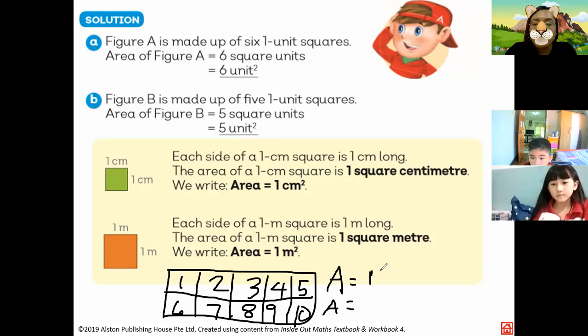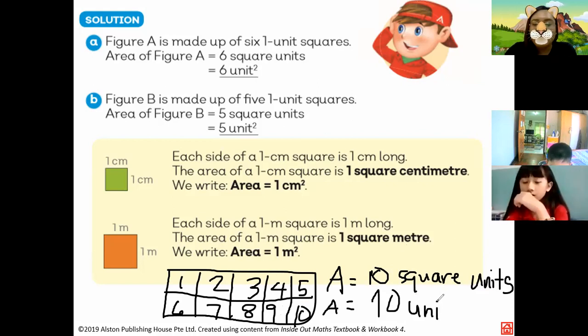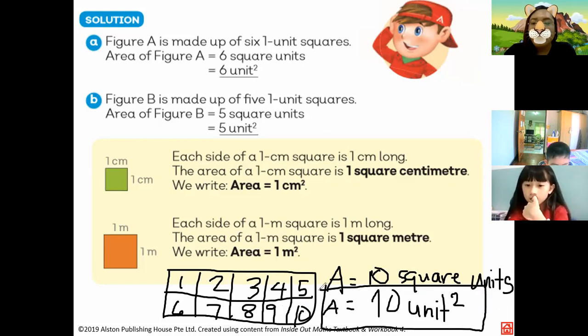You have to write 10, and then the word square, and then the word units. You can also write it like this, 10 unit square. Do you understand, class?